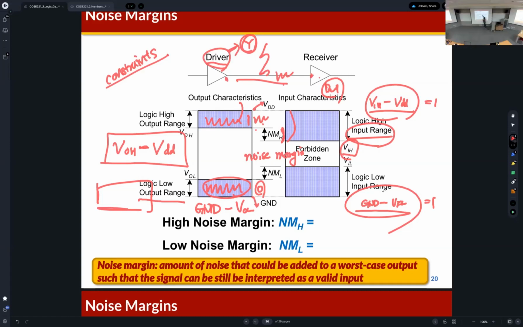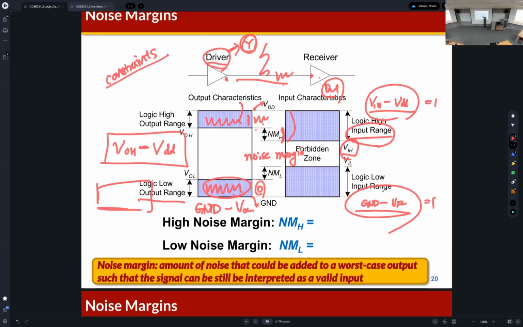This is the allowable noise on this output signal. That is called the noise margin, which means that the circuit is tolerant of this amount of noise.